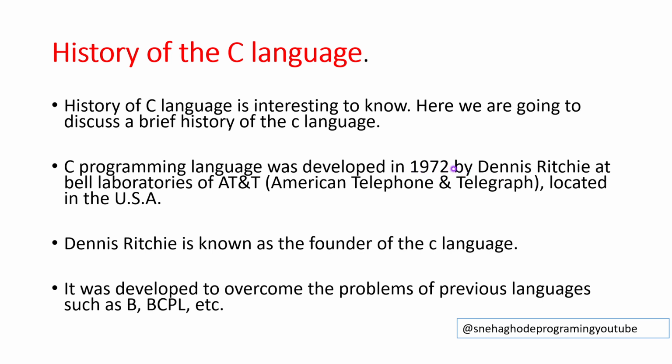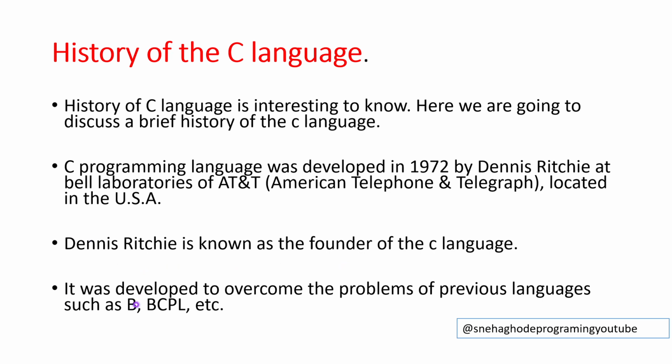In 1972 it was developed, and Dennis Ritchie at Bell Laboratories of AT&T is the answer. It is located in the USA. Dennis Ritchie is known as the founder of the C language. Another question may be asked: who is the founder of the C language? That is nothing but Dennis Ritchie.